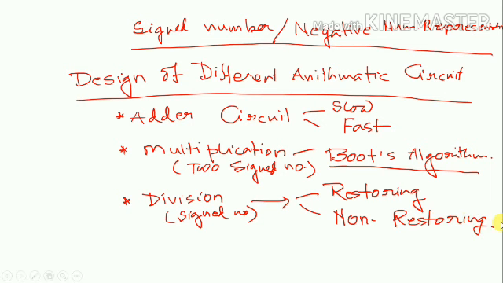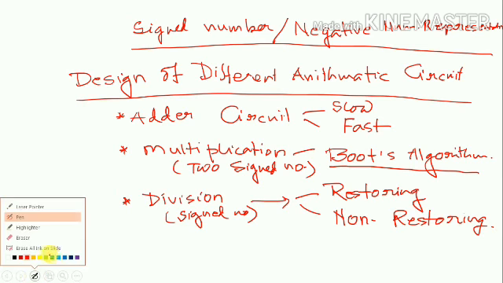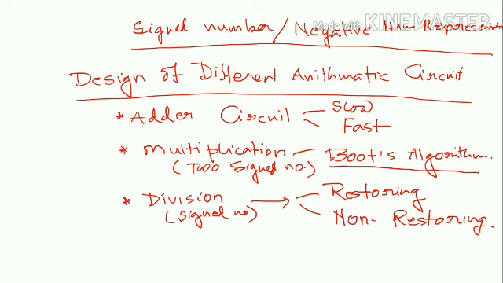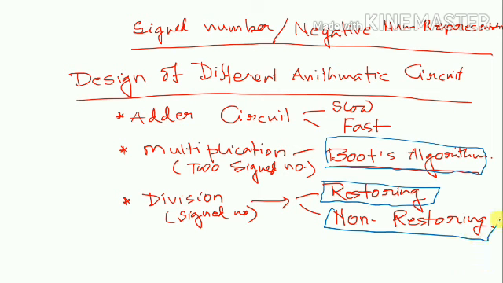Clear? So actually here we have to study three different algorithms. From the multiplication, one important algorithm is Booth's algorithm. This is a very important algorithm. And another two algorithms, one is restoring division, another is non-restoring division. Clear? These are the three algorithms we have to study.